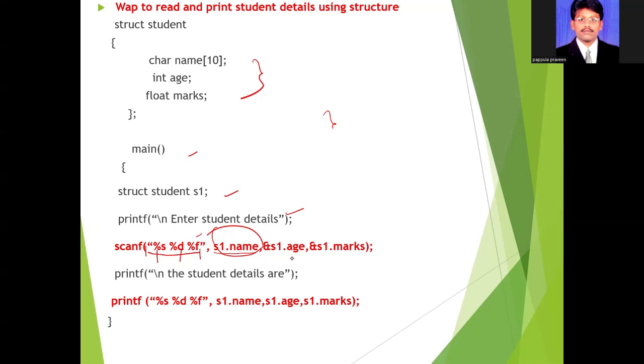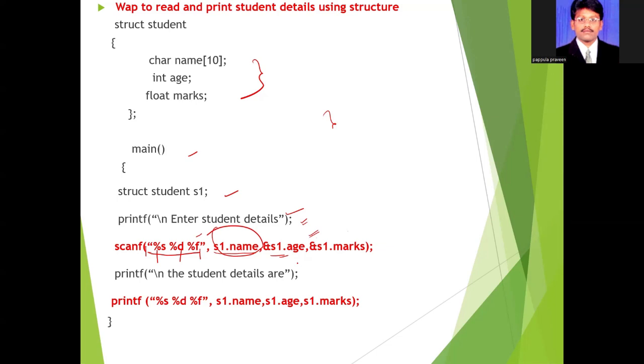Now ampersand S1.age, this is the integer. Integer and float can be read only through the address operator ampersand, right? S1.marks is preceded with the ampersand. Ampersand is the address operator. Now, you print these values: S1.name, S1.age, S1.marks. Okay, clear? This is called the basic structure concept.